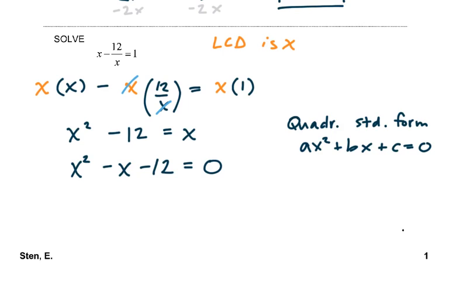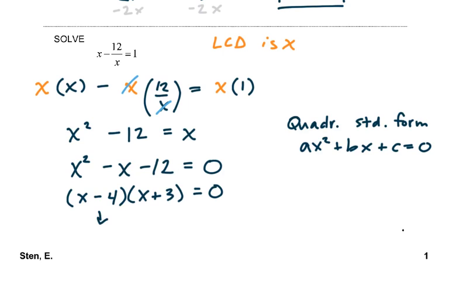All right, so now that I've got my quadratic equation equal to 0, I can factor it. I would say most problems in this section, when you end up with something quadratic, should factor. In the real world, they don't always, but I would be looking for them to factor.